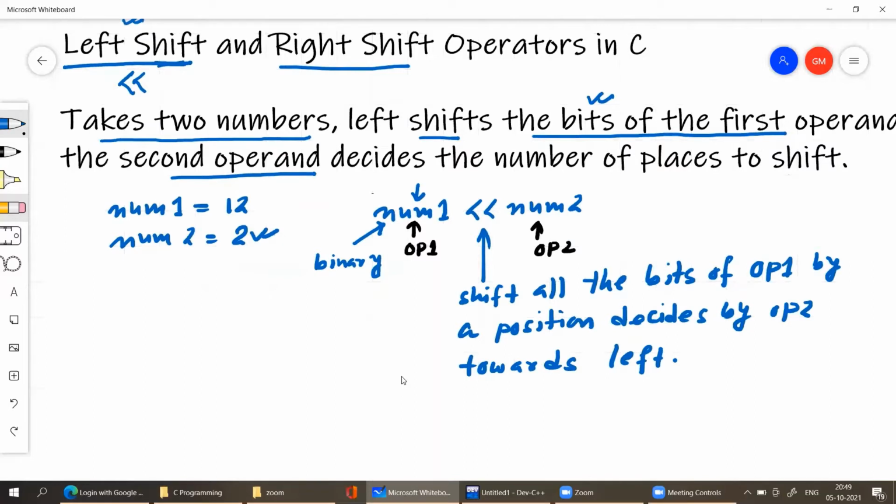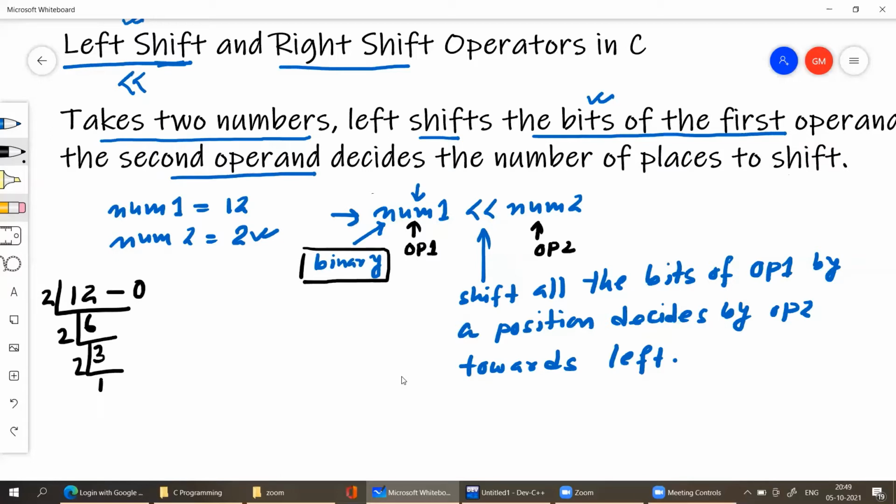Now we have this expression: num1 left shift by num2. The value of num1 is 12. Let's convert it into binary first, because this is the first and most important step for the bitwise operator. Converting it to binary, we get the number 1100.